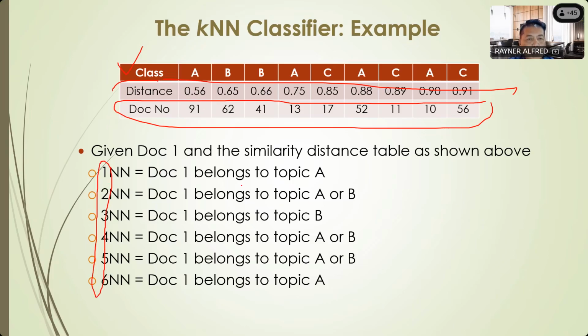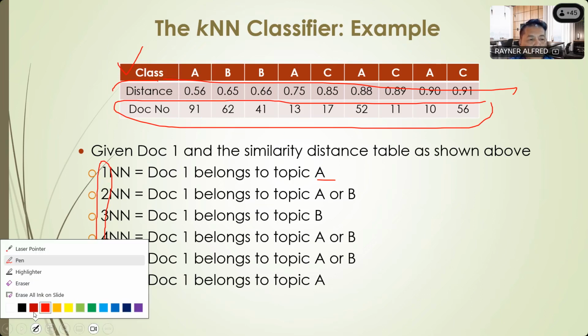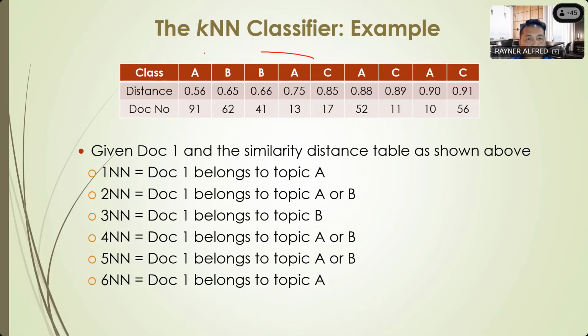We will assign the label to that document depending on K. So if we choose K equal to 4, that means 4 nearest neighbors. In this case, we have 2 A and 2 B, right?